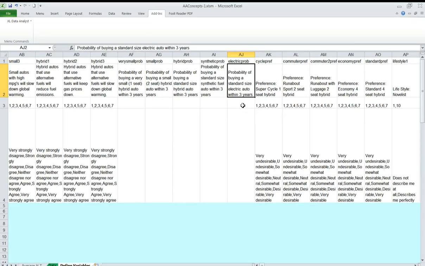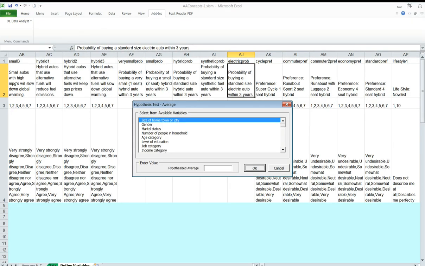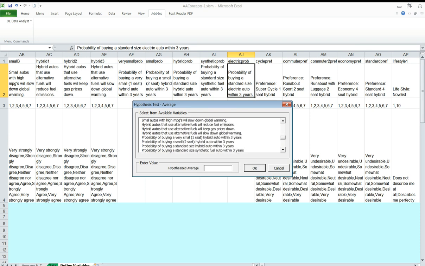To see this, I need to test the hypothesis and go to generalize, hypothesis test, average. I select this probability and compare it to 30. Click OK.